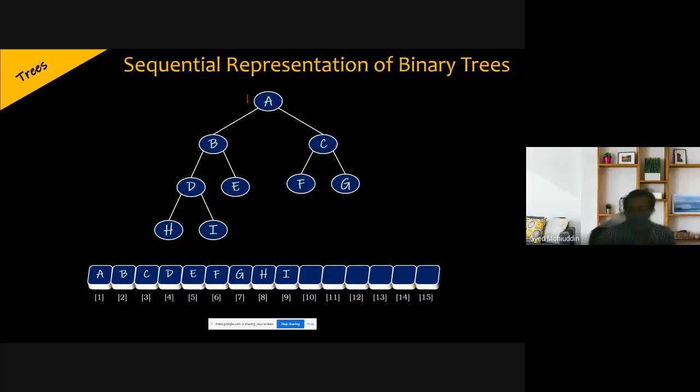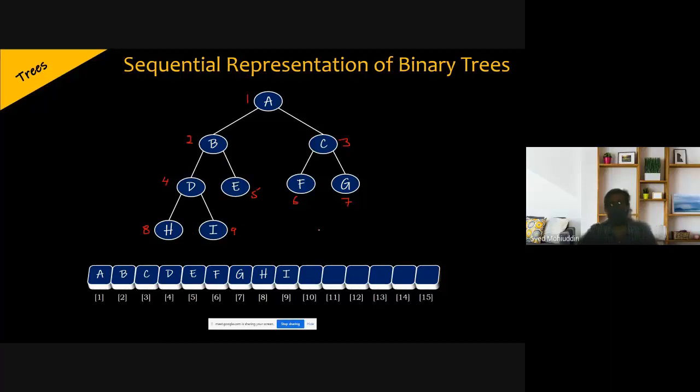In the next level, we number node B as 2, C as 3. The next level from left to right: D as 4, E as 5, F as 6, G as 7. And then in the next level, 8 for H and 9 for I.